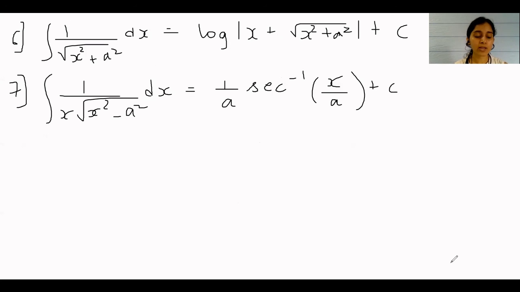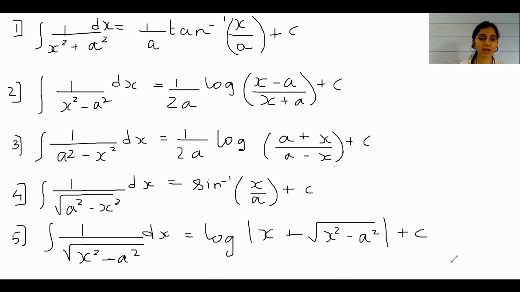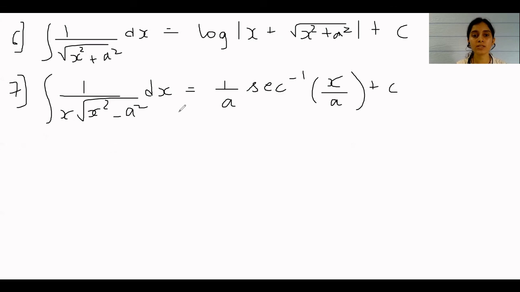The fifth one is 1 upon root of x square minus a square, so it's log of x plus root of x square minus a square, right? And 1 upon root of x square plus a square is log of x plus root of x square plus a square. There's no difference at all.